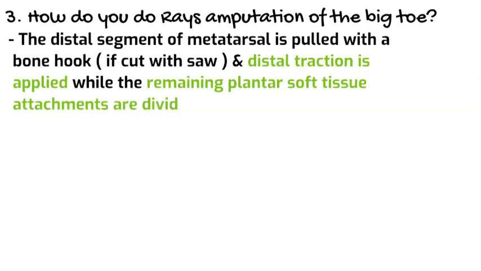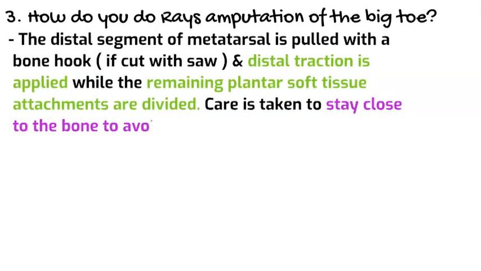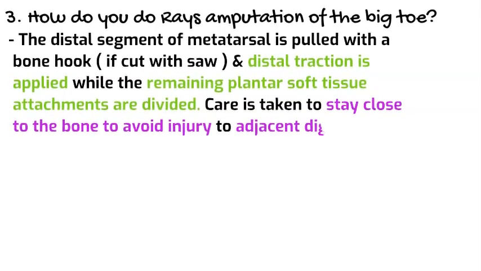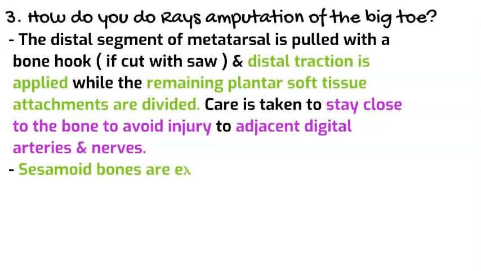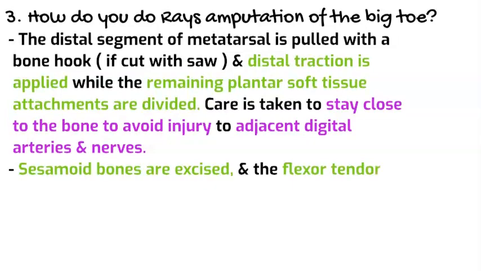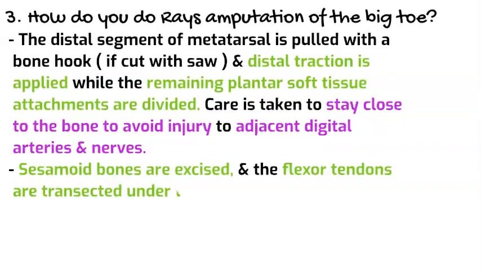Care is taken to stay close to the bone to avoid injury to the adjacent digital artery and nerve. Sesamoid bones are excised and the flexor tendons are transected under tension to facilitate retraction.